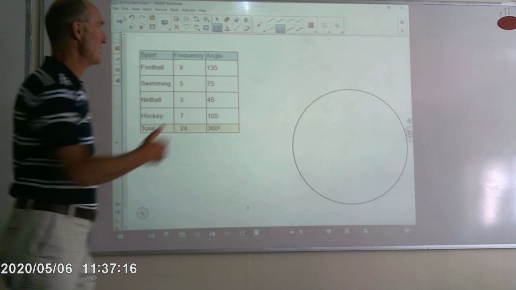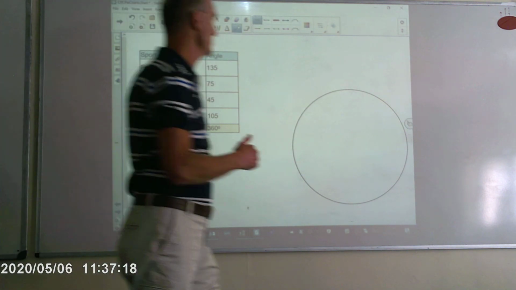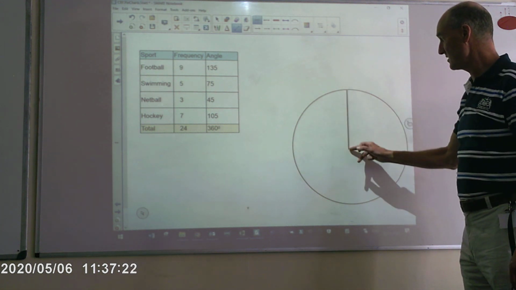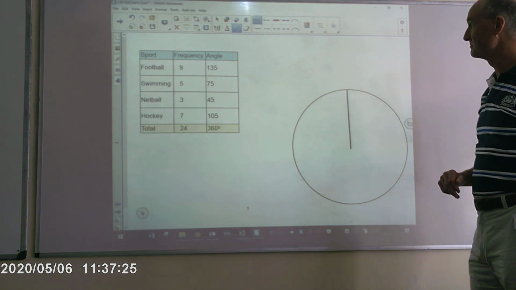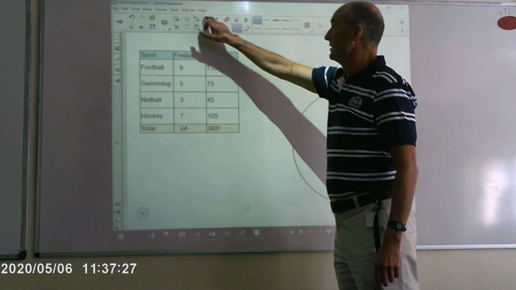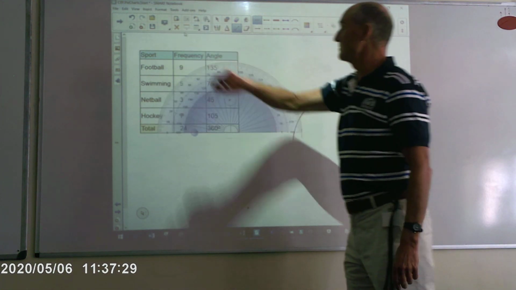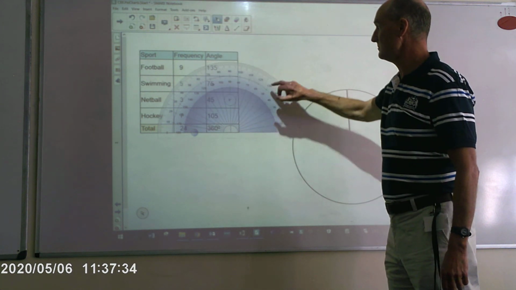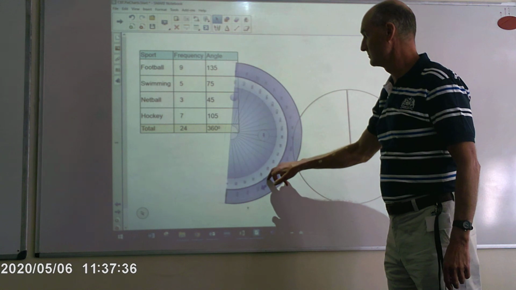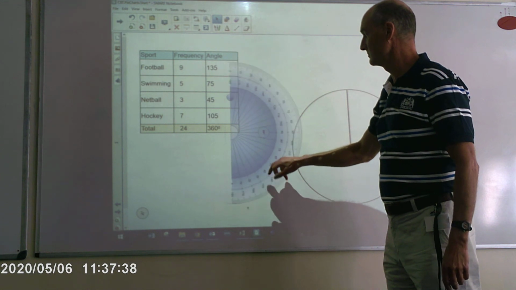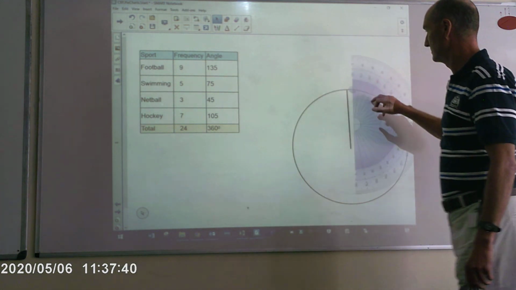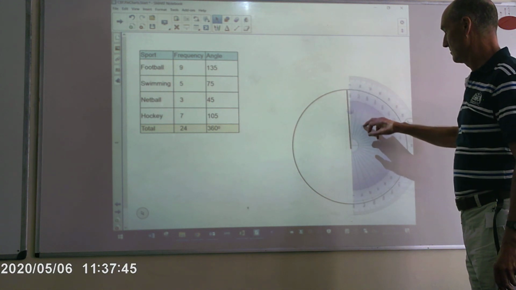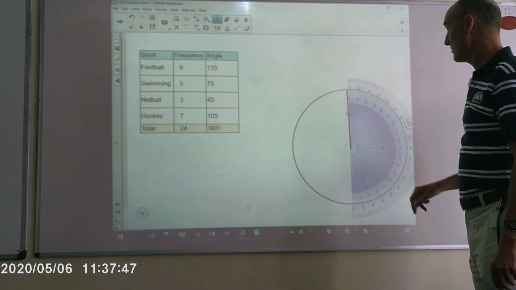Can we now draw our pie chart? Pretty well. Yeah, we've done everything we need to do. Top tip, put a straight line from the centre down to the middle like that. Then what we're going to do, get our compass, measure out 135 degrees.